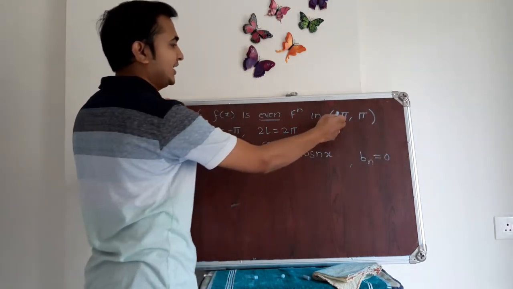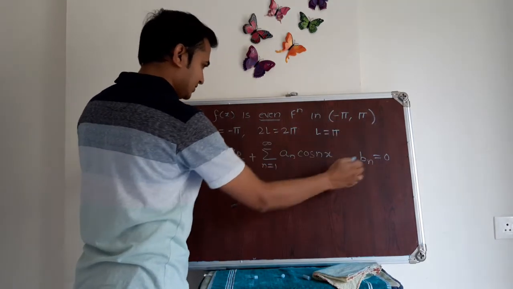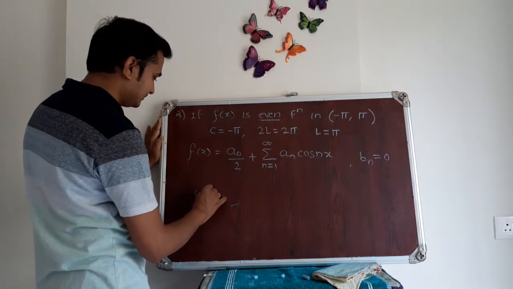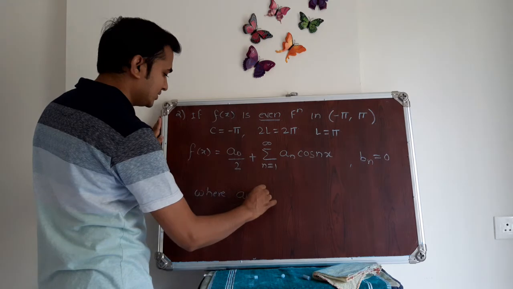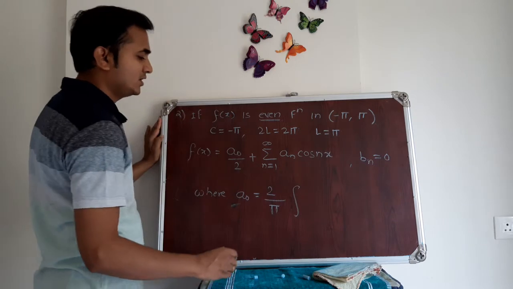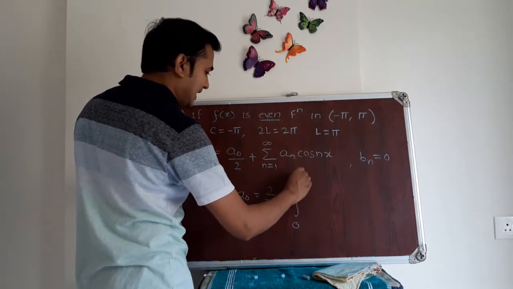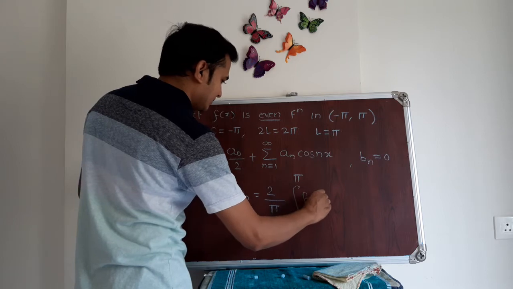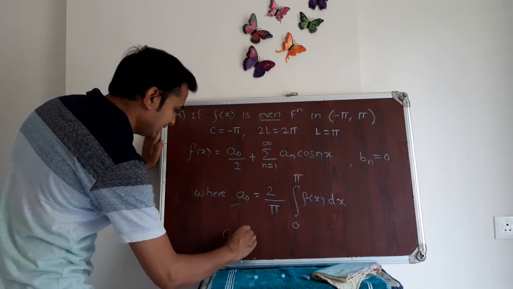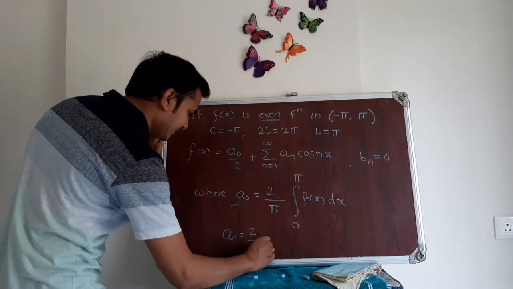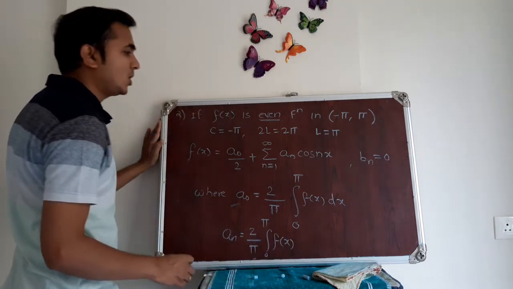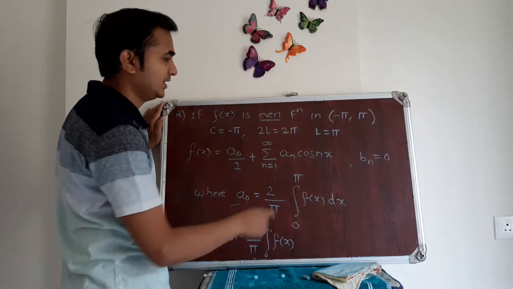In fact, in general, from minus l to l, if it is even, then bn is 0. Where a naught is 2 by l, so 2 upon pi integral 0 to l, so 0 to pi f(x) dx, and an is 2 by pi integral 0 to pi f(x) cos n pi x upon l, but again that pi will get cancelled.